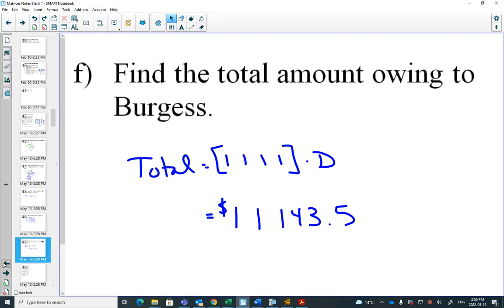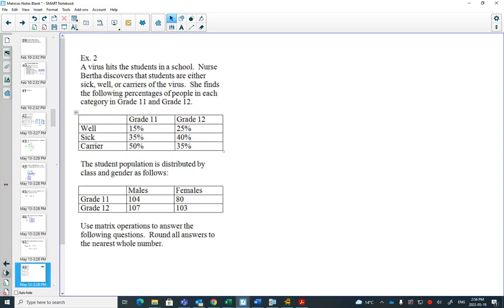The next question was written and designed pre-COVID. A virus hits the students in a school. Nurse Bertha discovers that people are either sick, well, or carriers. She finds the following percentage of people in each category in grade 11 and 12.